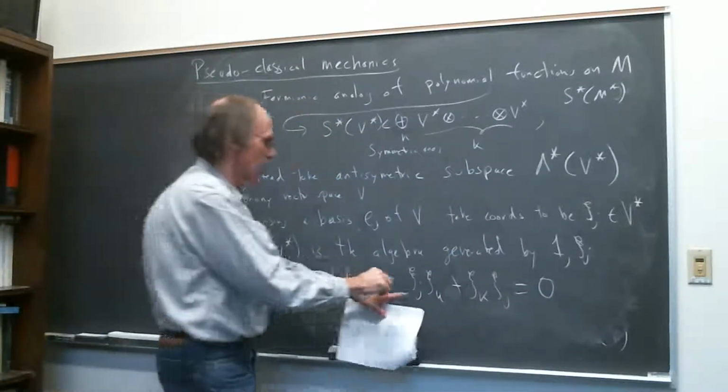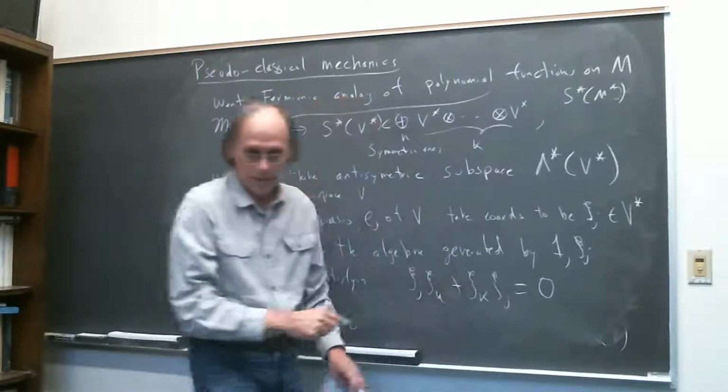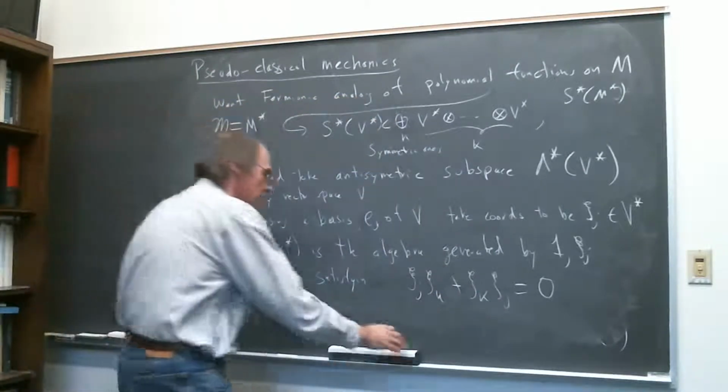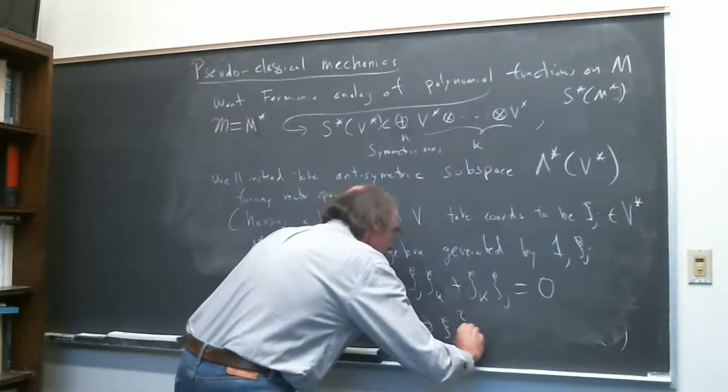In other words, when you interchange two indices, you pick up a minus sign. And in particular, this implies that a squared is equal to 0.